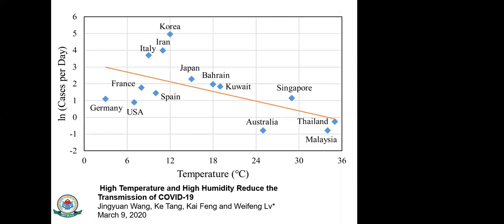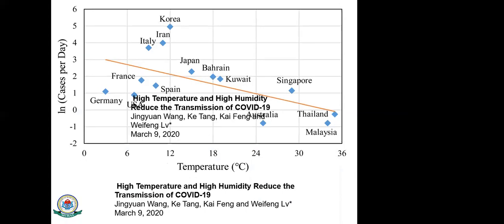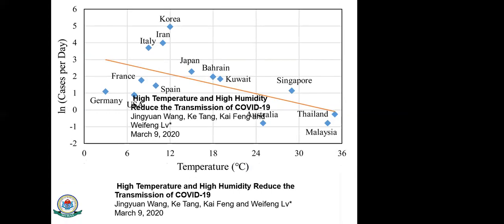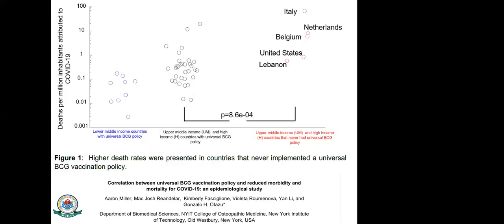Another important point is an interesting observation that countries where there has been a policy of BCG vaccination have had fewer cases than countries without this policy. It is possible that vaccination, like BCG, activates the immune system in a way that is beneficial.